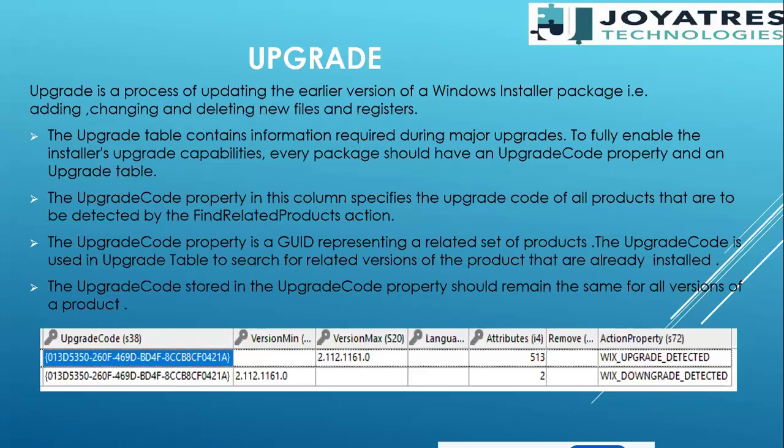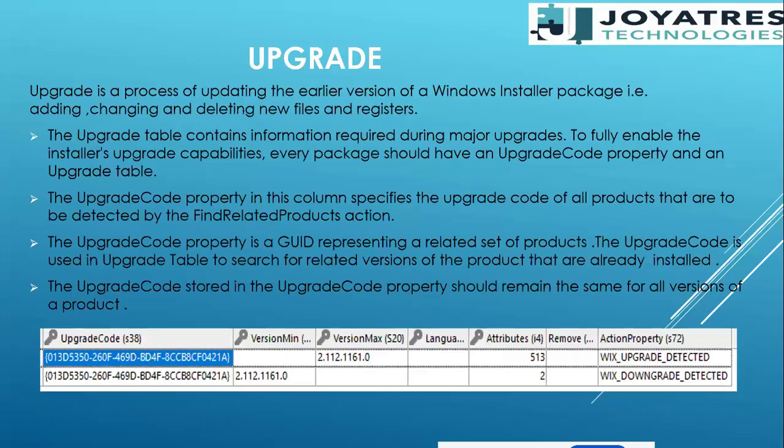Just the thing is, in the version minimum the action property will be downgrade detected, and for the maximum version we have to add the action property as upgrade detected. So maximum upgrade, like that you can remember. Version minimum downgrade detected, but the versions are both the same. And then the attributes, which you have to tell.